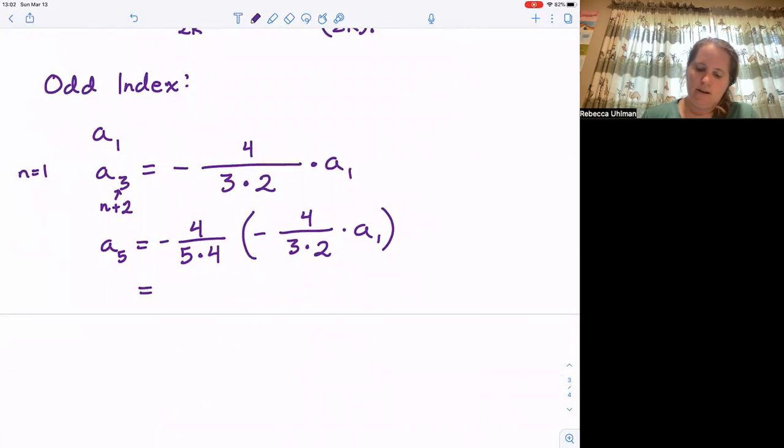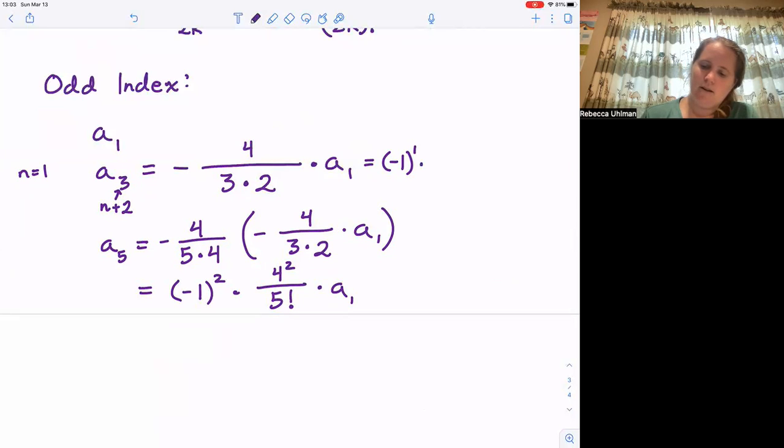This we're looking at negative 1 squared times 4 squared over 5 factorial times a1. For a3, we are looking at negative 1 to the first power. A sub 3 would be negative 1 to the first power times 4 to the first power divided by 3 factorial times a1.